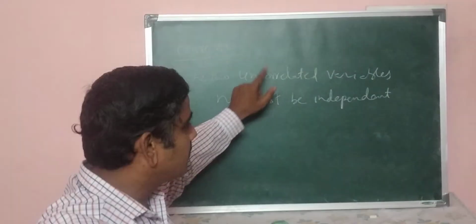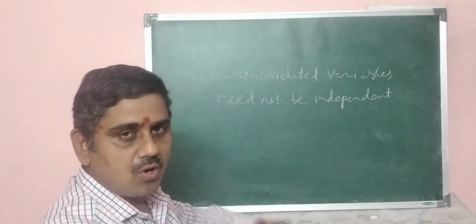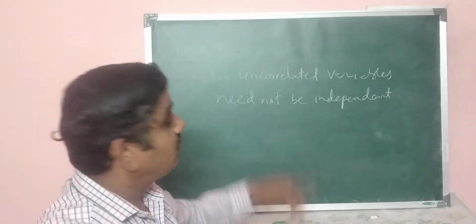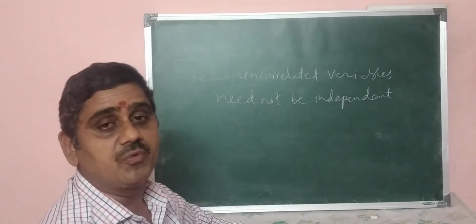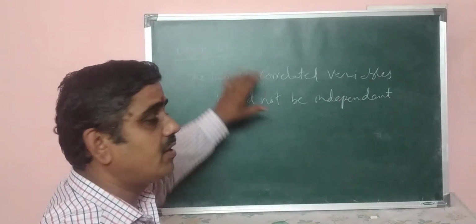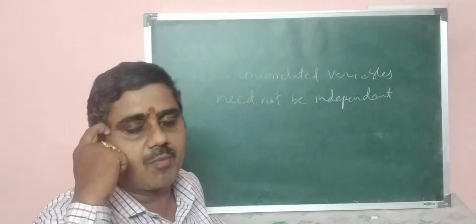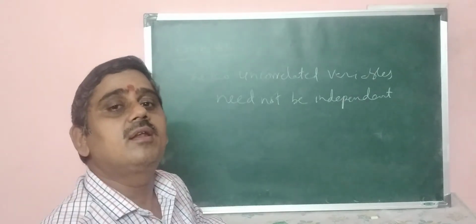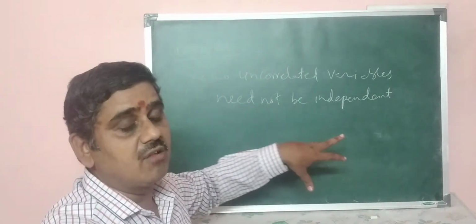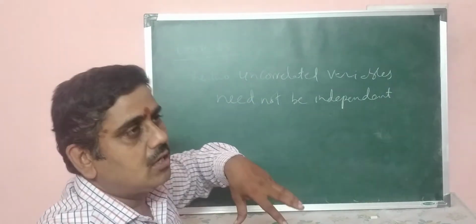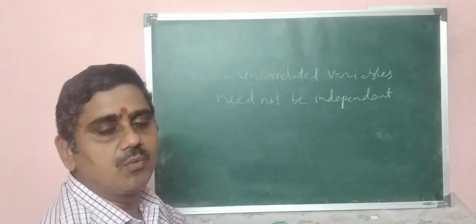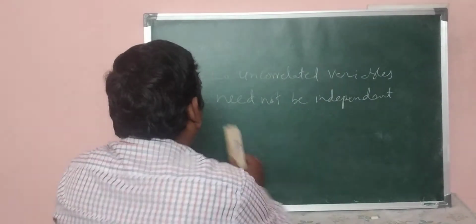Then only we can specify this case. The converse of this particular property need not be true when two uncorrelated variables are not independent. If you prove it, then the converse is shown not to be true, right? So I am giving an example.